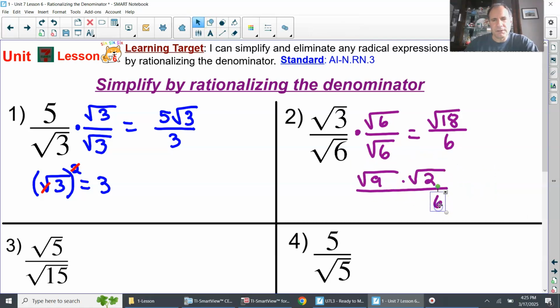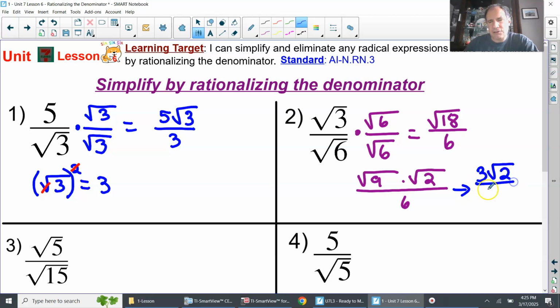Move this over, because we're not done. Square root of 9 is 3, square root of 2 comes down next to it, and then it's over 6.